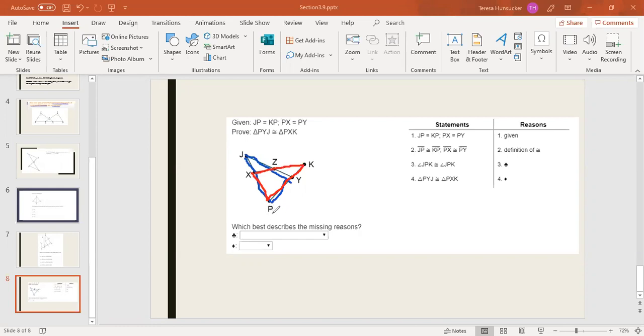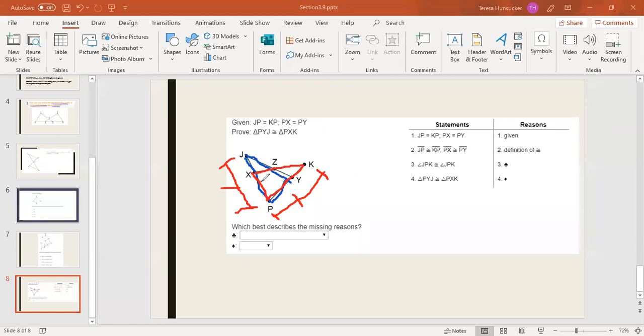JP equals KP. So if I draw, let's say, this line right here for KP, that whole side is congruent to JP. That whole side. Now, and then it says PX is congruent to PY.